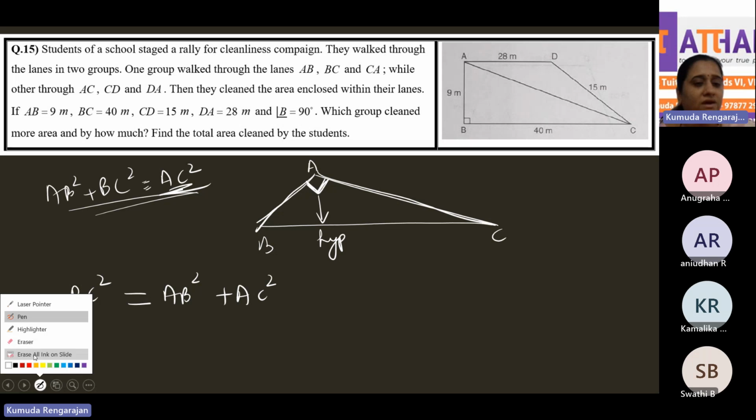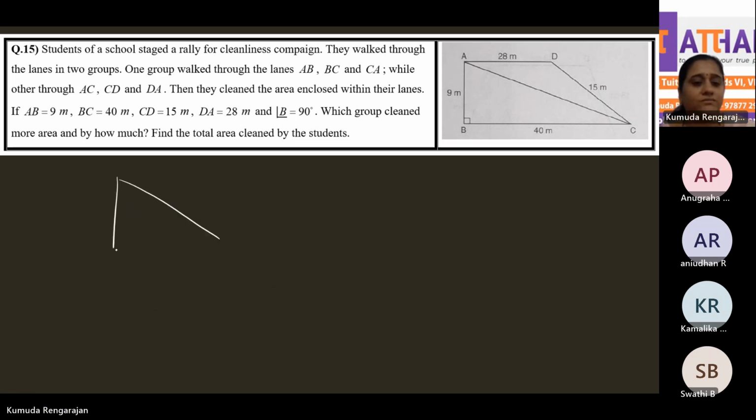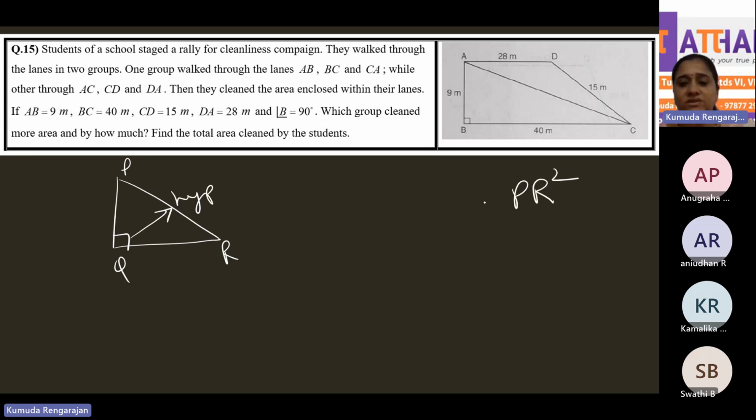Now, for example, you have a triangle like this, PQR. So this is 90 degrees. So this is the hypotenuse, opposite to that. So you should square it separately. PR square separately is equal to PQ square plus QR square. That is, PQ square plus QR square is equal to PR square.